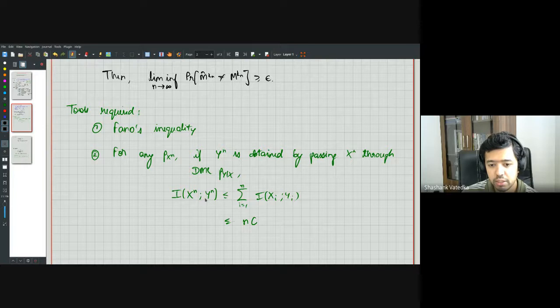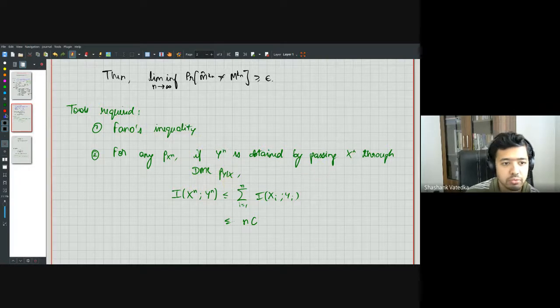One thing to note is that this statement is not true for any joint distribution P of x^n, y^n. For example, if this channel were not memoryless, it would fail.